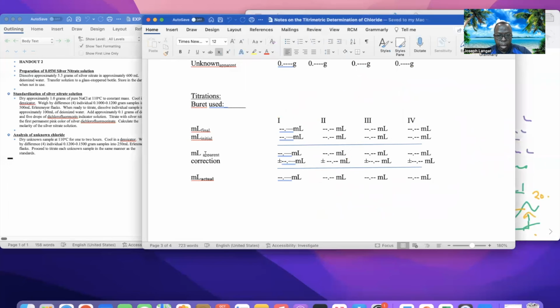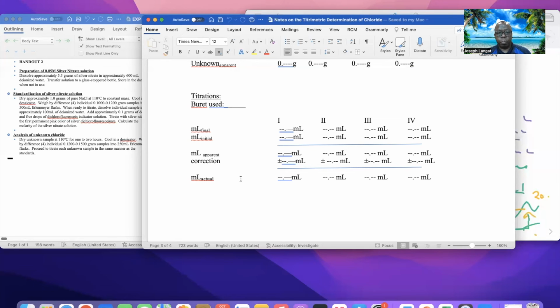What is the correction or volume error from your calibration curve for either buret A or B? This will give you the actual mL of silver nitrate, which we are going to use now to determine the mass percent of chloride in your assigned sample.